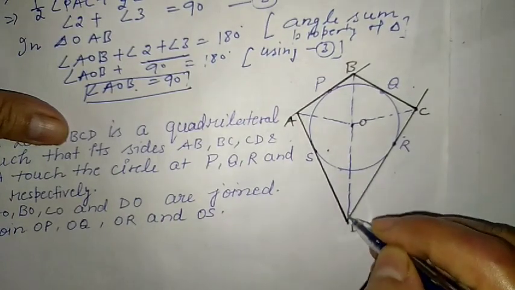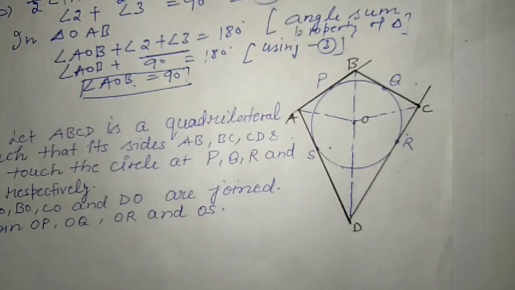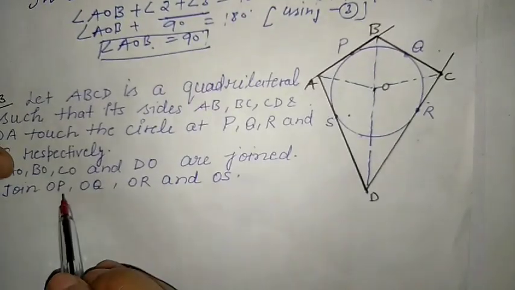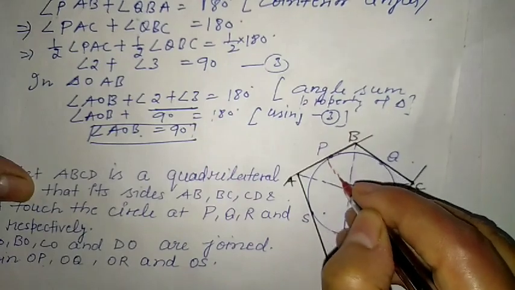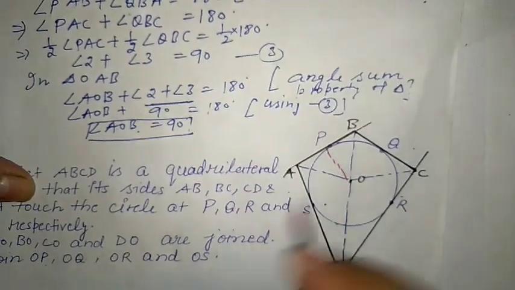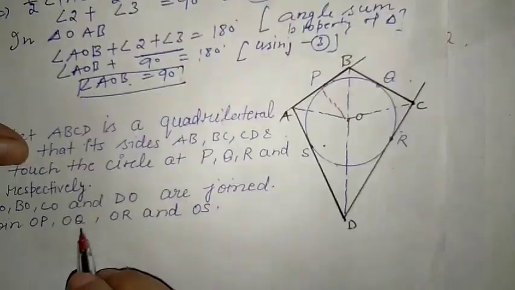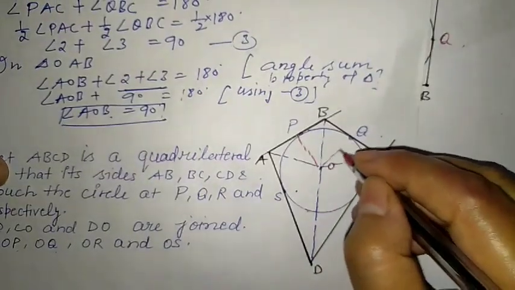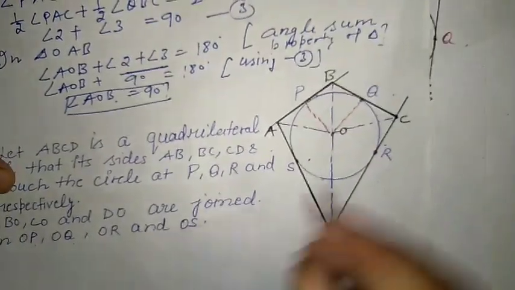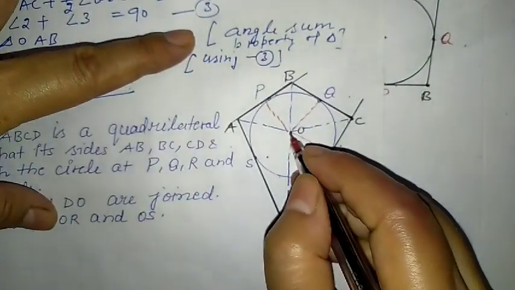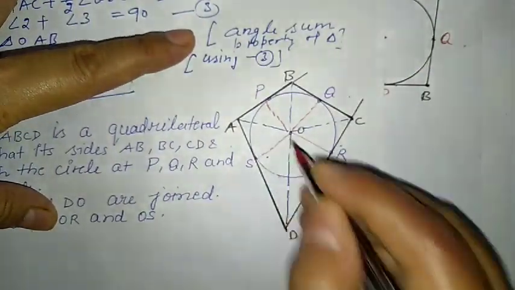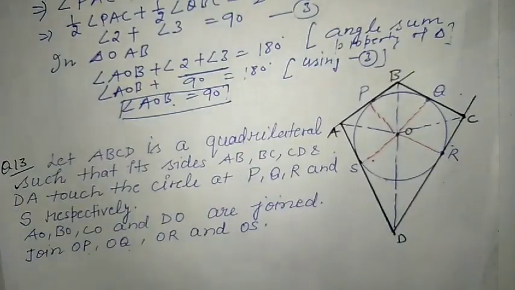This we can join like this. Again we have to join OP, this is OP, then OQ. OQ we can join here. Then OR, this is OR, and this one is OS. We have to join all these in the figure.